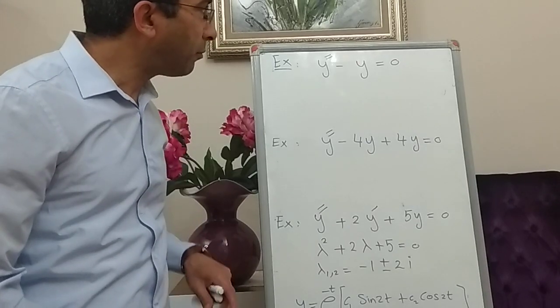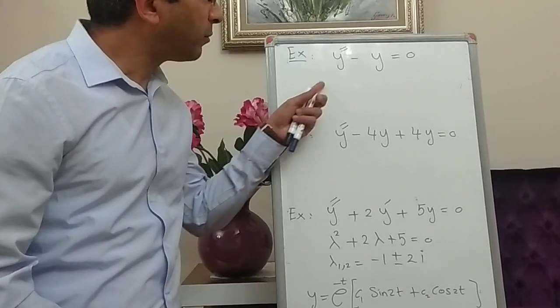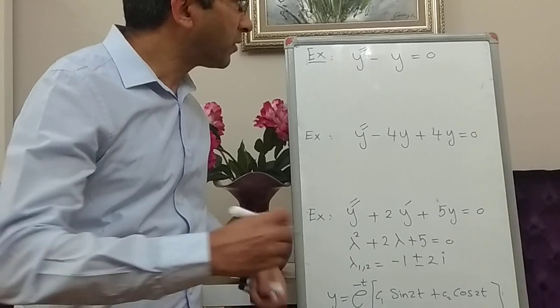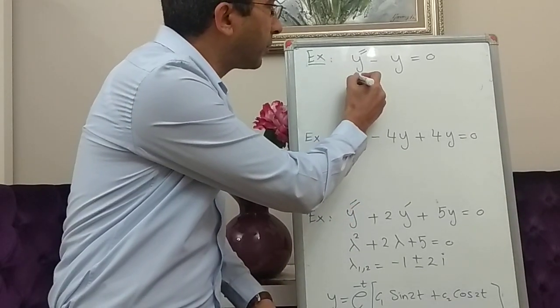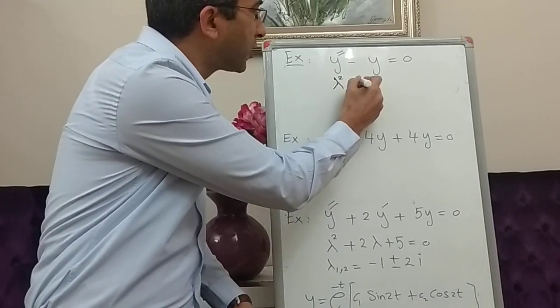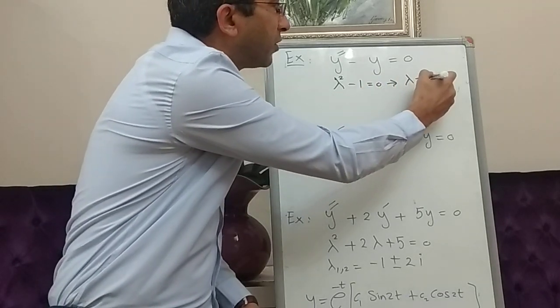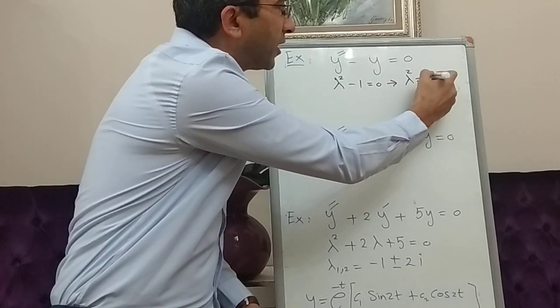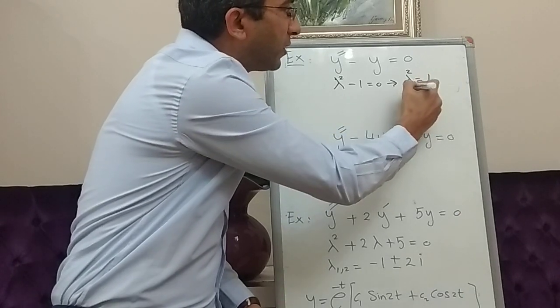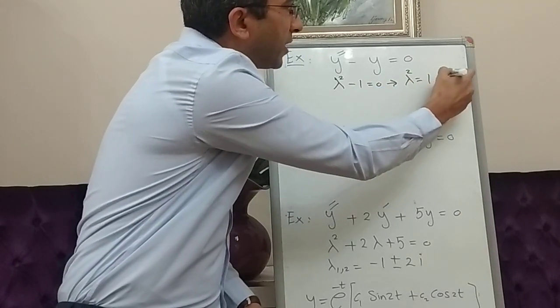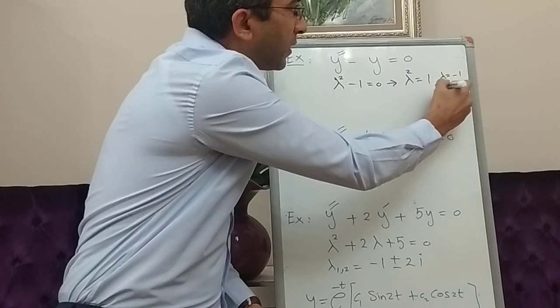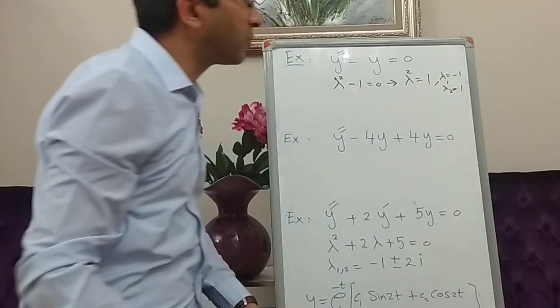I have three examples. The first one is y double prime minus y is equal to 0. If you write the characteristic equation for this, it will be lambda squared minus 1 is equal to 0. From here you obtain lambda squared is equal to plus 1. If you take the roots, lambda 1 is equal to minus 1, lambda 2 is equal to 1, plus or minus 1.